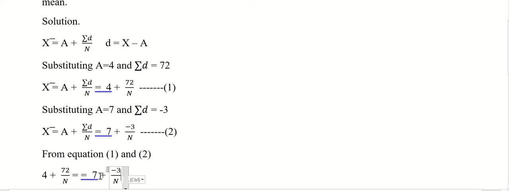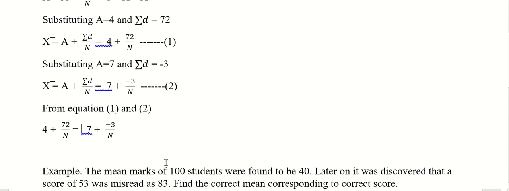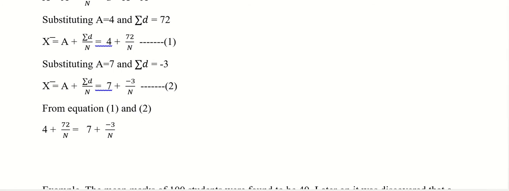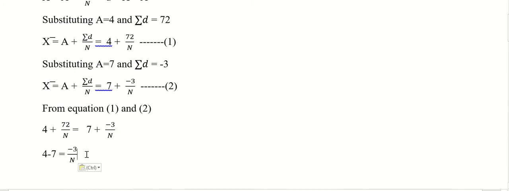So here we have applied these two values. Now we will solve it further. So 7 will come to the left hand side as 4 minus 7, and the minus 3 by n would remain the same. And this 72 by n will come to the right hand side and become minus 72 by n.